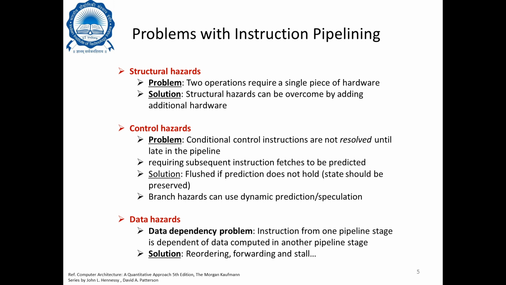We'll talk through an example, it will be clearer. However, there are different ways to circumvent this problem. One of them is reordering, second is forwarding, and third is we can also inject stalls inside the pipeline to temporarily have interlocks.